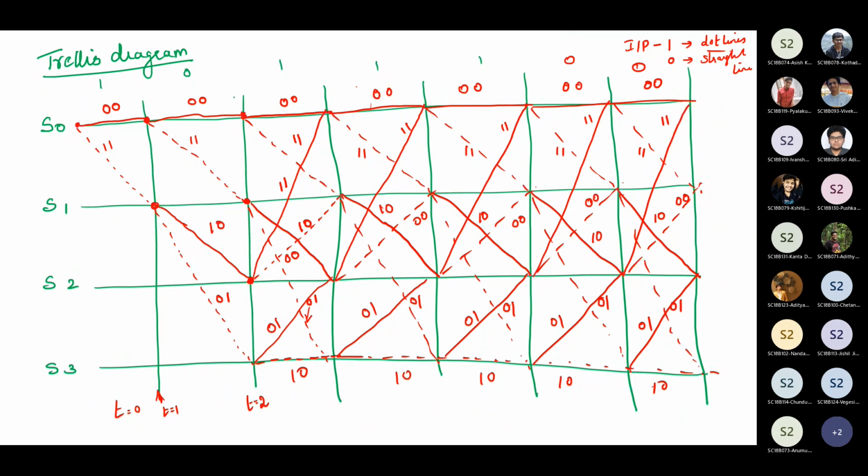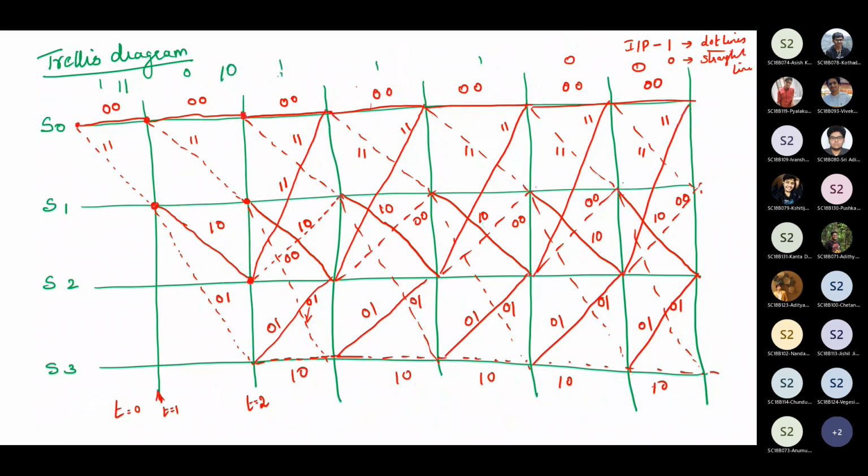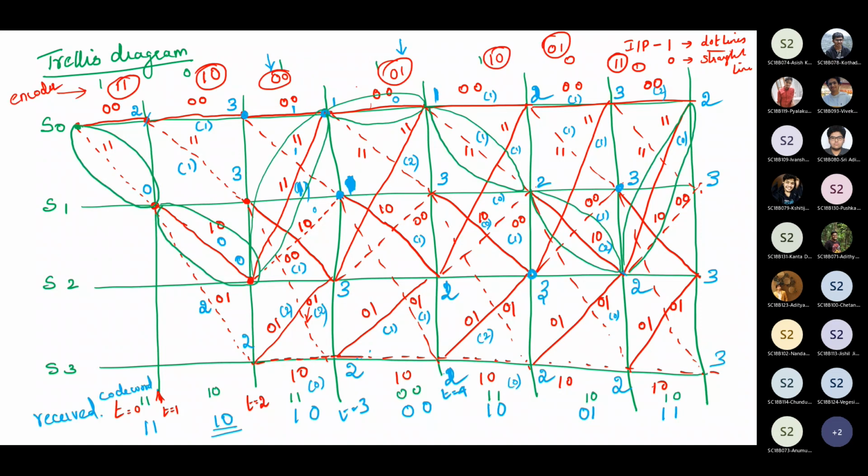Okay, I am just writing here. It is 1, 1, 1, 0, 0, 1. Okay, so here only the error is there. 0, 1. Rest are same. Which is, that is the transmitted one, right? 1, 1, 1, 0, 0, 1.